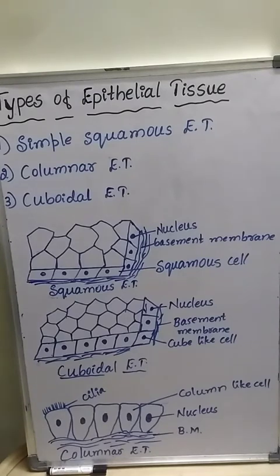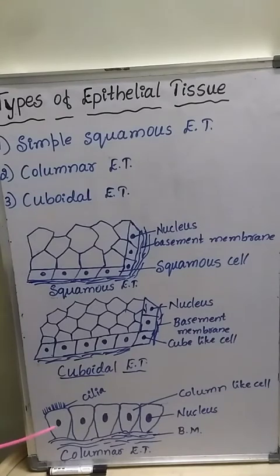Stratified is nothing but the presence of many layers. Then the next one is columnar epithelial tissue.